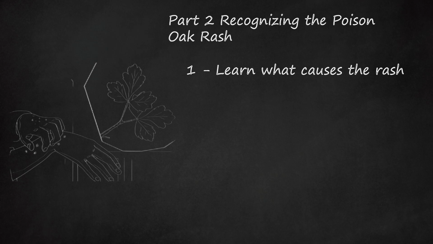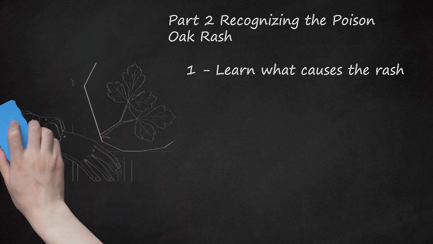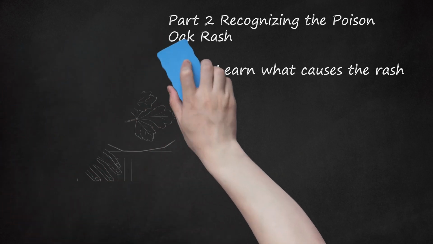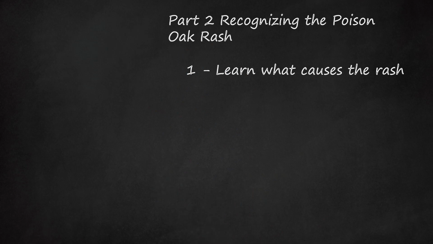In addition, Urushiol can become airborne if the plant is burned and is easily transported from one object to another. The rash from poison oak is not contagious in the standard sense, but if someone has the Urushiol on their hands and touches another person, that second person can react as well. All parts of the poison oak plant contain the toxin Urushiol. Even when the leaves fall off in winter, the plant is not safe to touch.